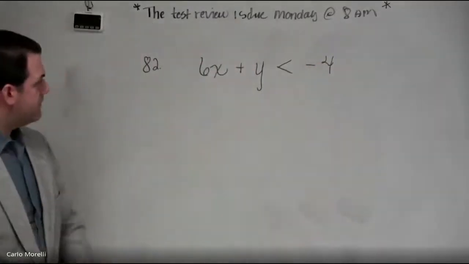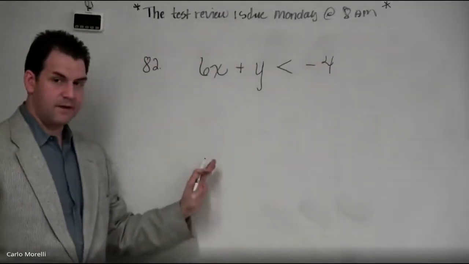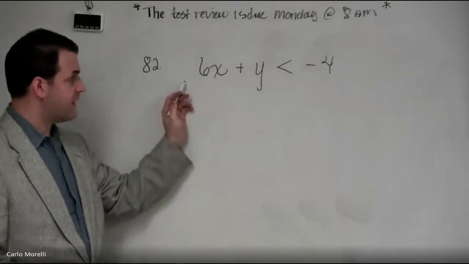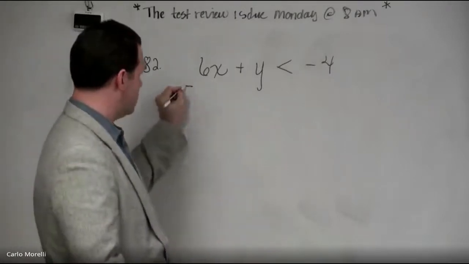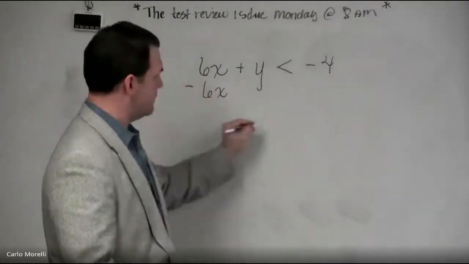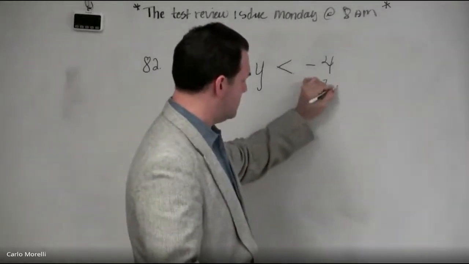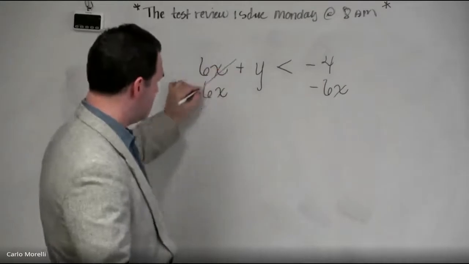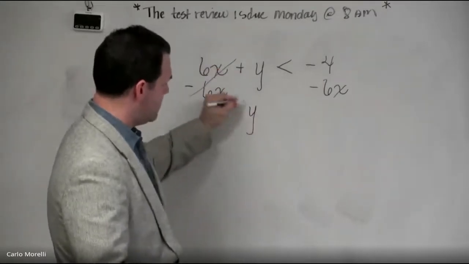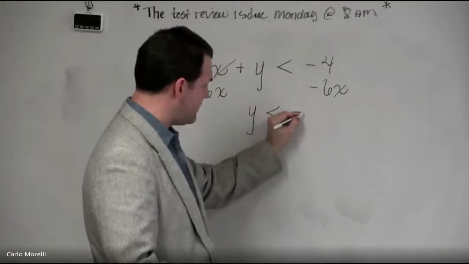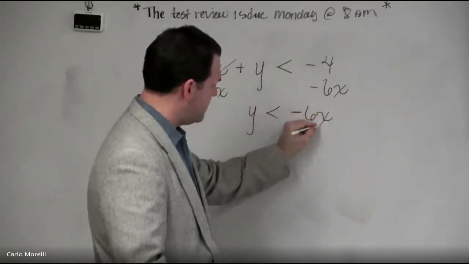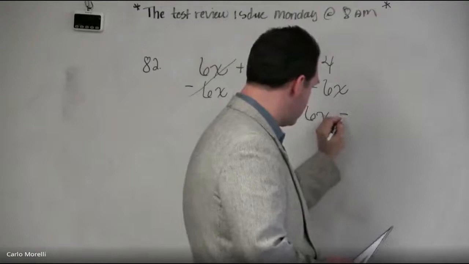Okay. So here's the game plan. You ready? We're going to subtract 6x from both sides. That's the whole game plan. So y is less than, you always load this negative 6x up front, and then minus 4.